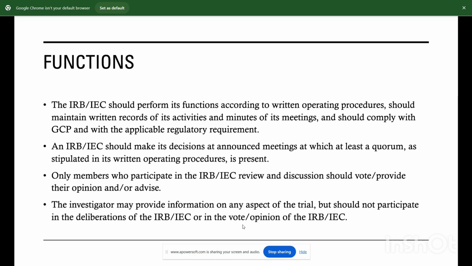During the meeting, the investigator can provide study related information to the EC, and if the EC members have any doubts, the investigator has to answer their queries. But the investigator cannot be involved in the discussion or the decision making. They cannot vote or provide an opinion. They can only provide the study related information.